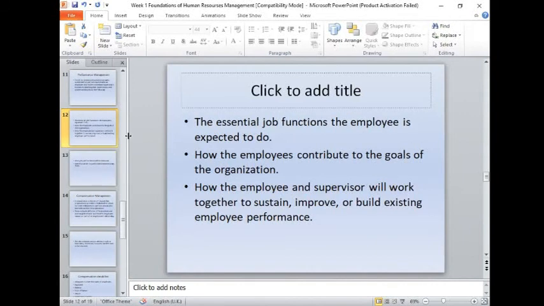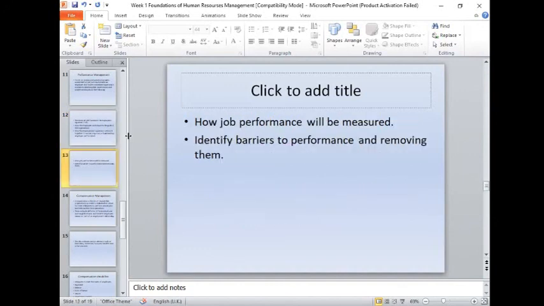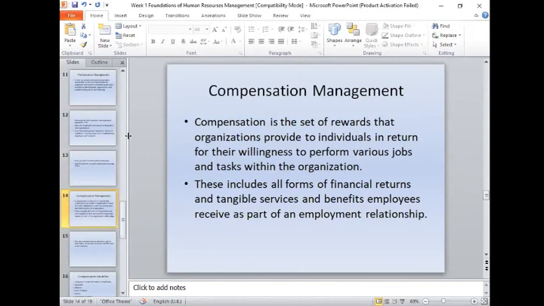That's why we have to test those employees if they are productive and conform to the company standard when it comes to performance. Okay. And as I've said, performance will be measured versus actual, to identify the barriers to performance and how those barriers must be removed.